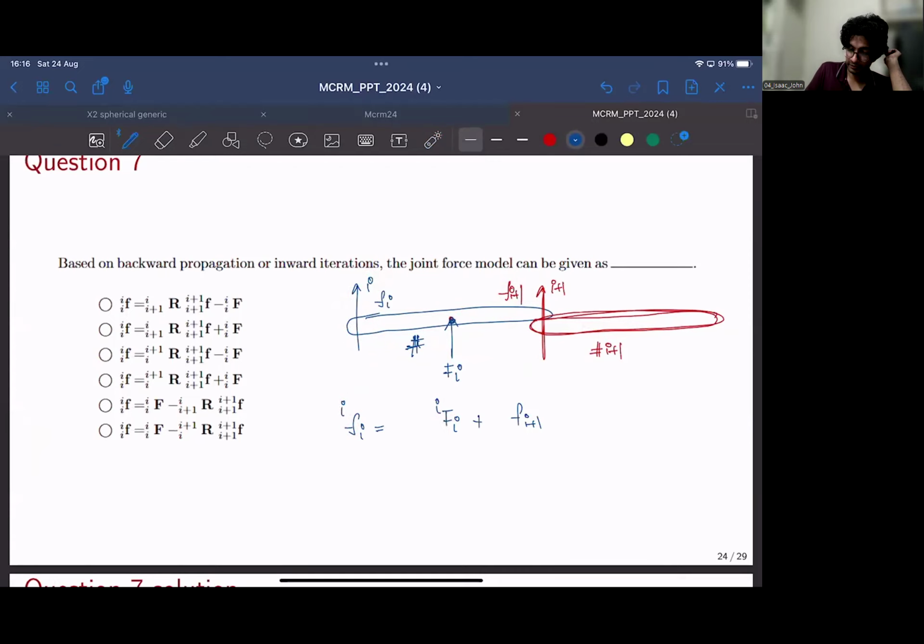So this will always be with respect to I plus 1. But then you have to bring everything to this ith frame. You can do so by pre-multiplying it with the rotation matrix, that is I plus 1 with respect to I.